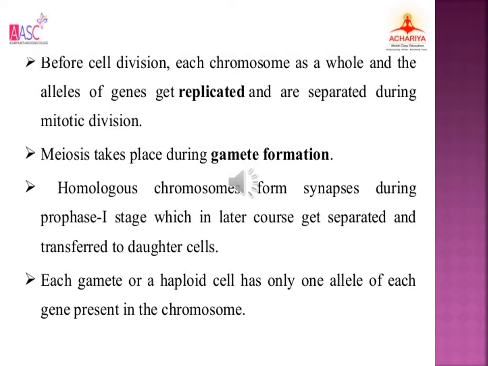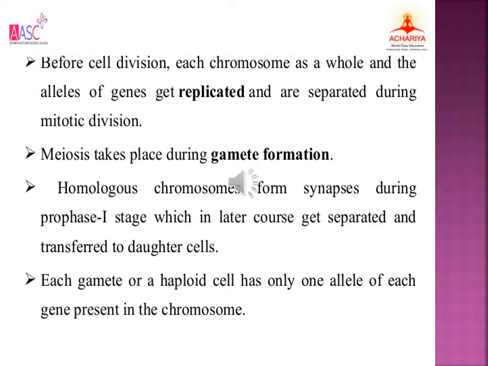Before cell division, each chromosome as a whole and the alleles of genes get replicated. What is replicated? This is transferred and separated during mitotic division. Meiosis takes place during gamete formation.